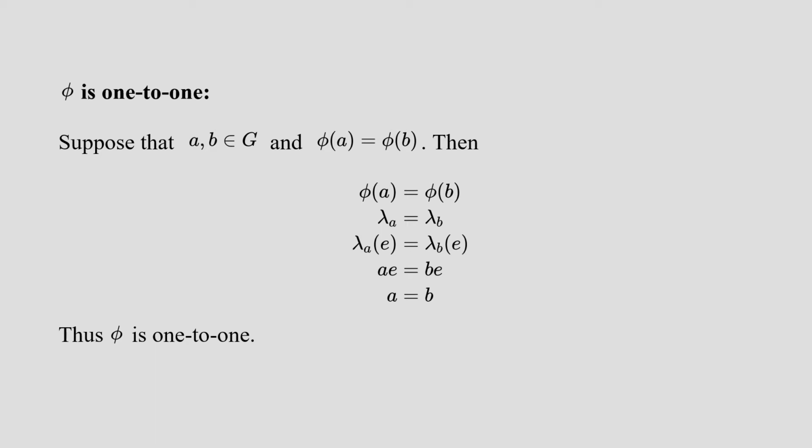We write lambda sub a equal to lambda sub b, which is also the same as lambda sub a of e equal to lambda sub b of e, where e is the identity element. Then, from that, we get a times e equal to b times e, and cancellation gives a equal to b. Thus, we have verified that phi is one-to-one.